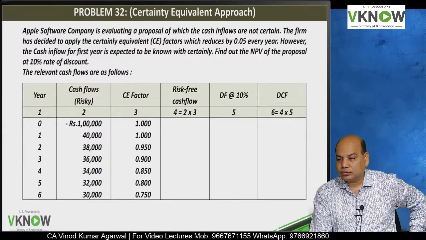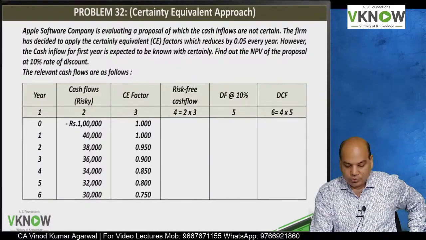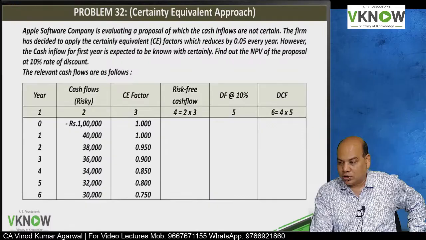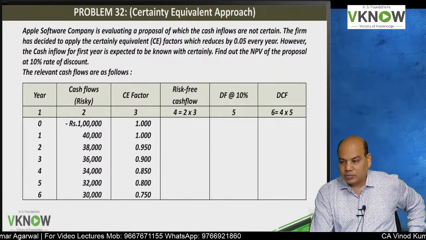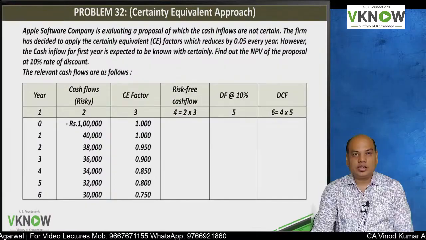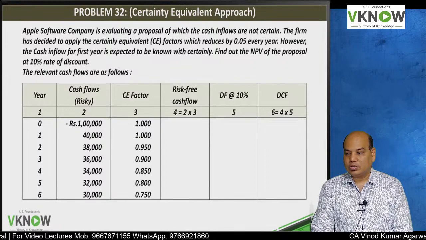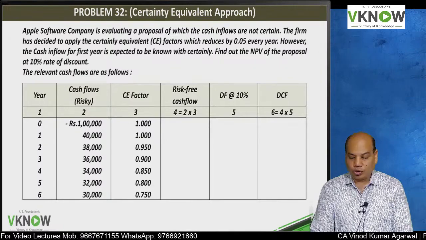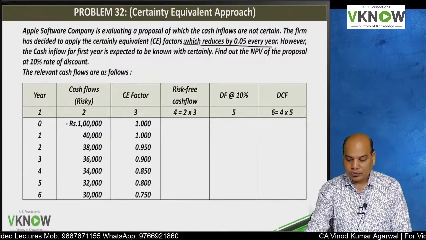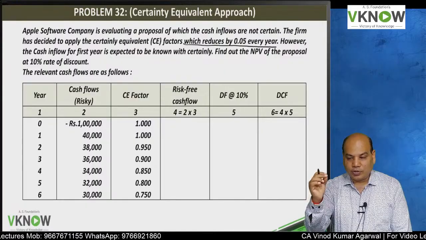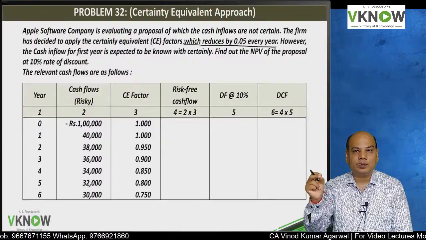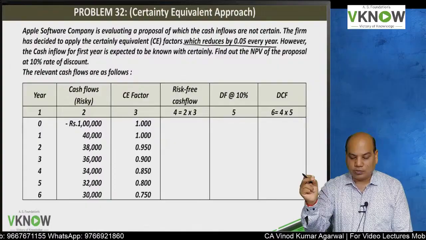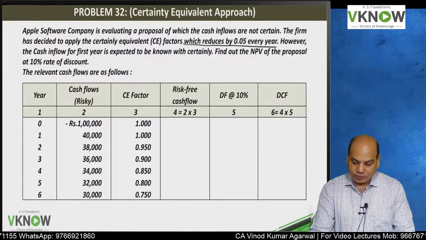It says Apple Software Company is evaluating a proposal of which the cash inflows are not certain. The firm has decided to apply the certainty equivalent factor, which reduces by 0.05 every year, which means it will be 1 in year 0, but it will keep on reducing by 0.05, so it will become 0.95.